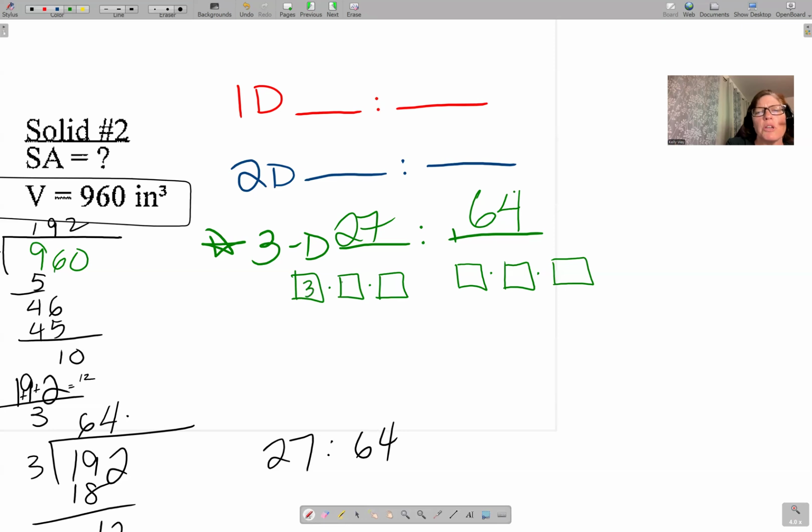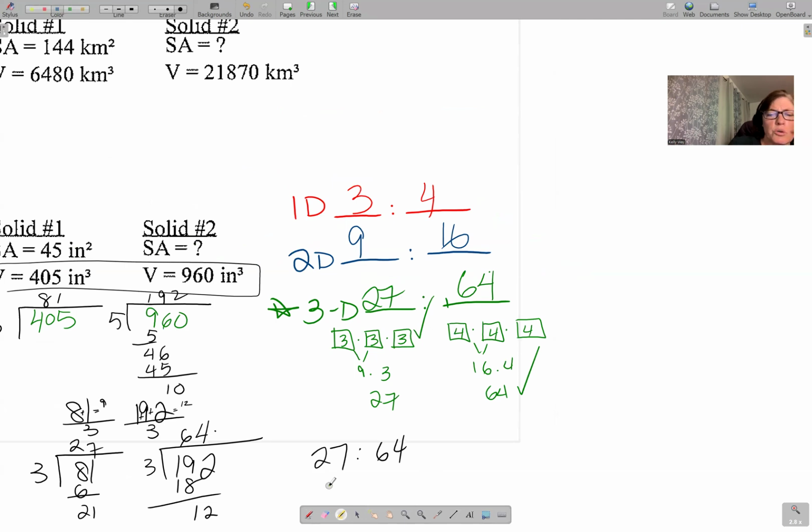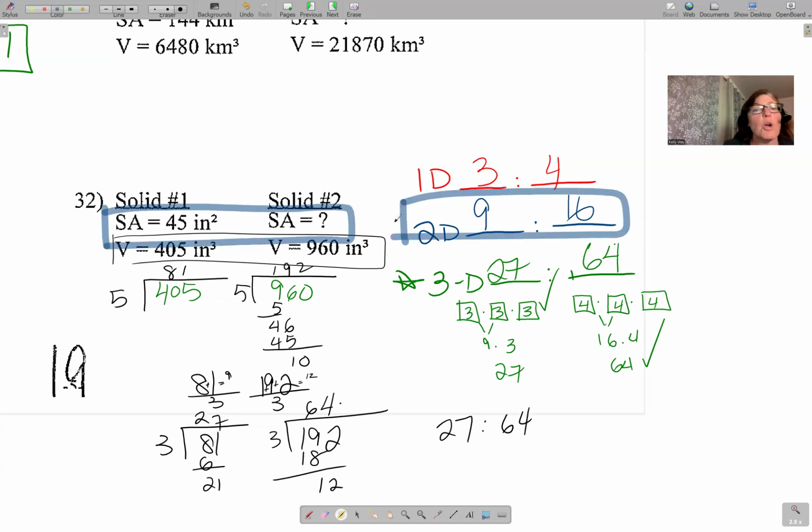Because if you do 3 times 3 times 3, 9 times 3, 27, check. 4 times 4 times 4, 16 times 4, 64, check. So your ratio here is 3 to 4. You square it, 9 to 16. And because it's surface area, you would use the 9 to 16 ratio.